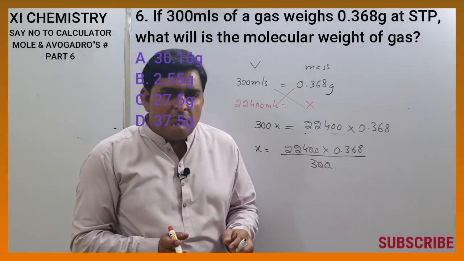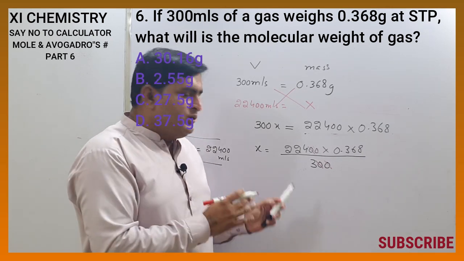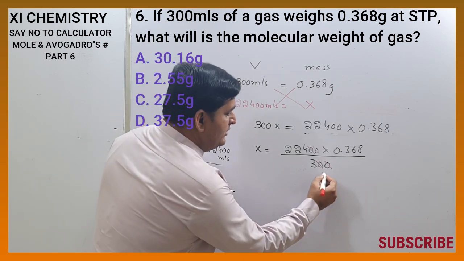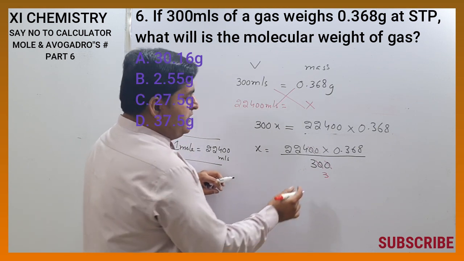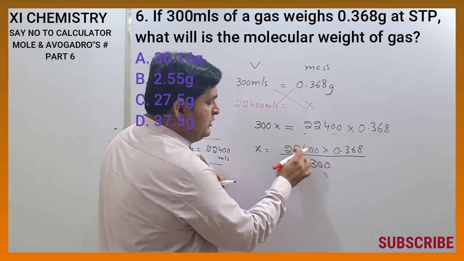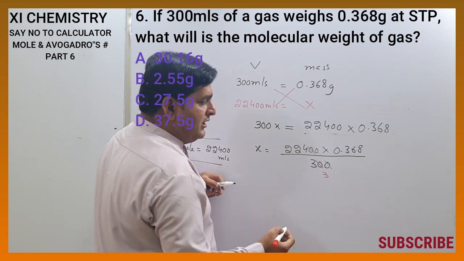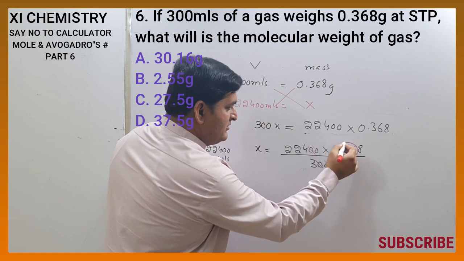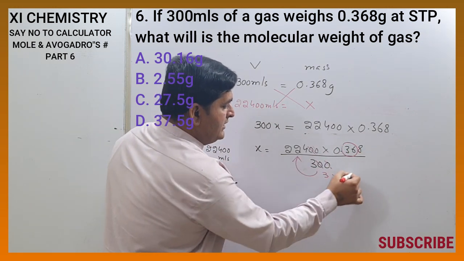This problem seems difficult. It takes slight time, but we will do it without a calculator. So we have two possibilities here. Now here there is only 3, here 224, and here 0.368. If we keep 224, it is not an exact multiple of 3. So we should focus on this number. We can go with either side.